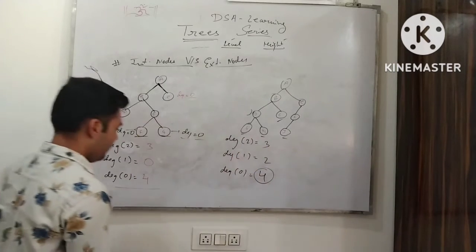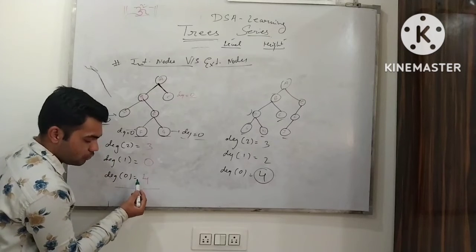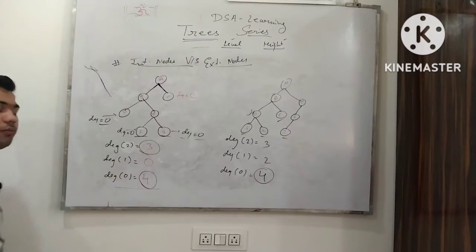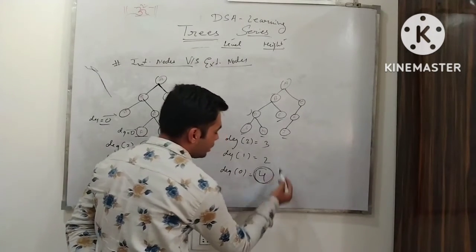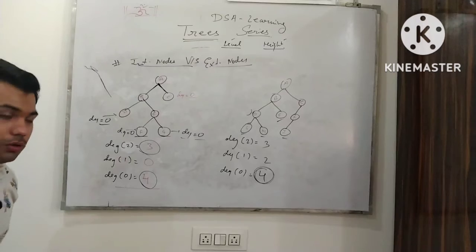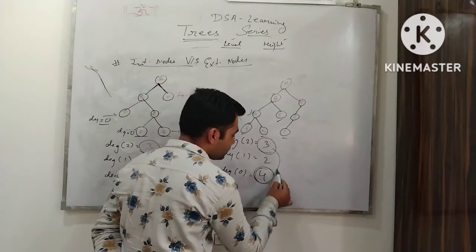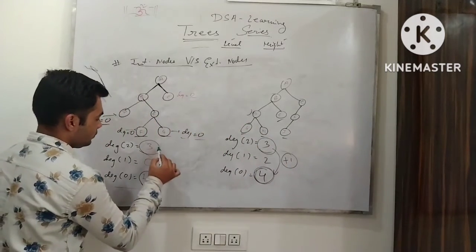What's the formula? We will notice that the number of nodes having the degree 0 is 1 more than the number of nodes having the degree 2. Similarly, like this, the number of nodes having the degree 0 is 1 more than the number of nodes having the degree 2.